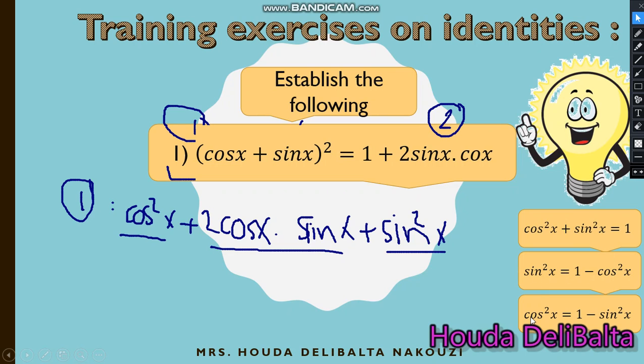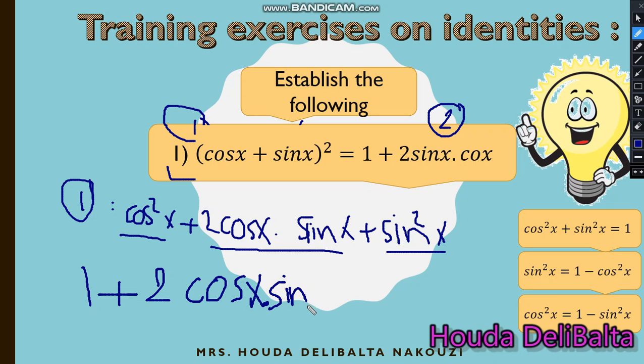And I have these two. Which one of these am I going to use? I'm going to use the first one. So I replace cosine squared x plus sine squared x by 1. And thus I will get 1 plus 2 cosine x times sine x, which is exactly like the other side, and thus this identity is established.